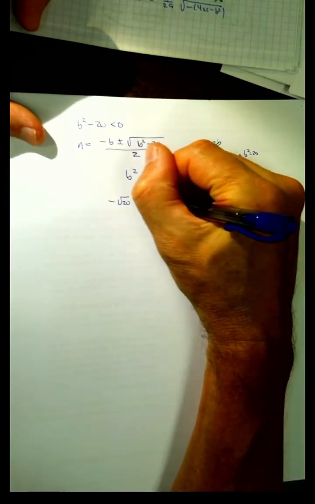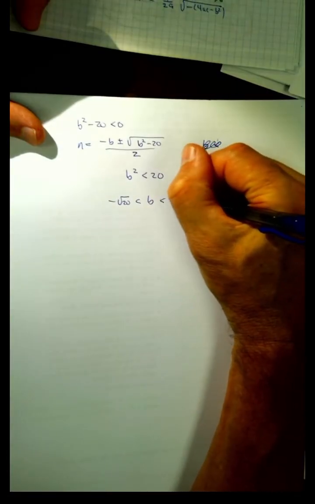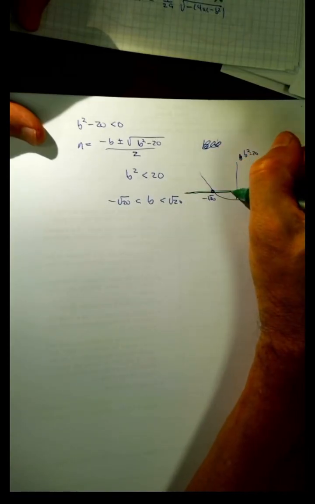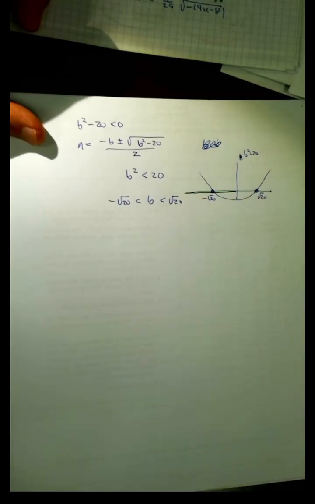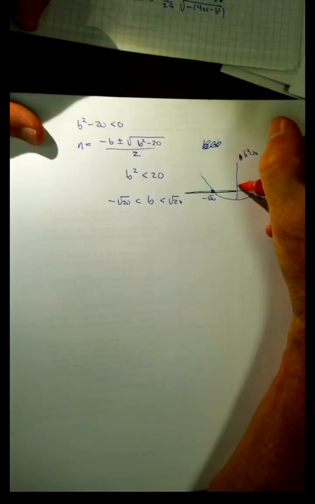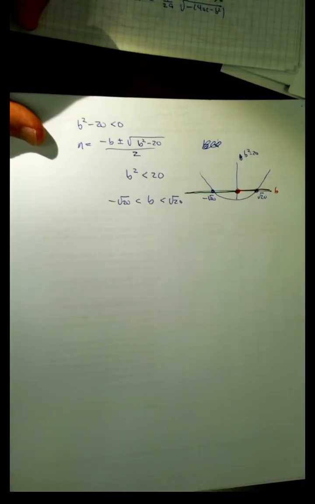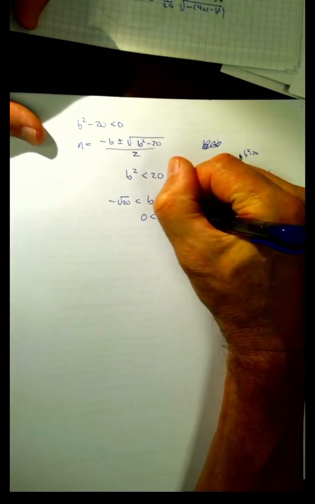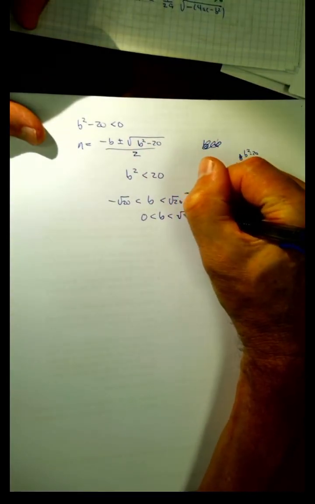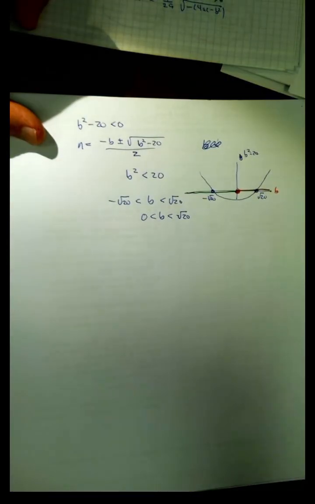And it's going to be negative between negative square root of 20 and square root of 20. We're not going to worry, again, about this case because it's not physical. Our primary concern is what happens when b is non-negative, so it goes from 0 to square root of 20. So let's focus on this case where b is between 0 and square root of 20.